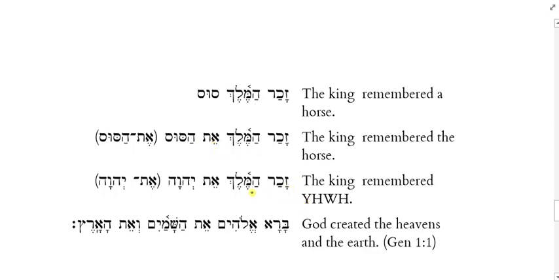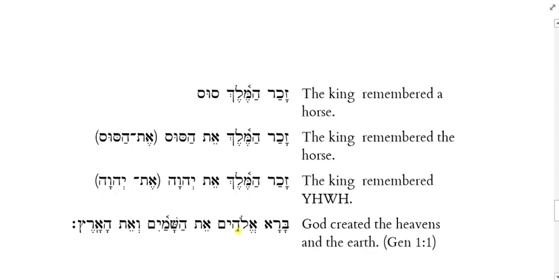Next, Zachar hamelech et Adonai. This example is here to remind you that you don't simply have a definite noun if you have the article on it. You can have a definite noun if the noun is a proper noun. So the king remembered a person, specifically remembered Yahweh. And then finally, we have an example from Genesis 1:1.